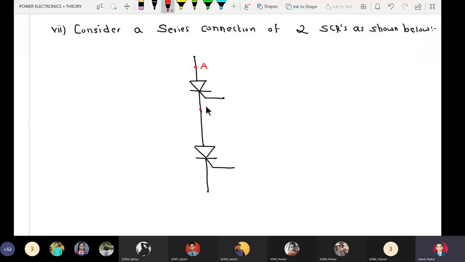To the right I will draw a static equalizing network, and to the left we will draw a dynamic equalizing network.